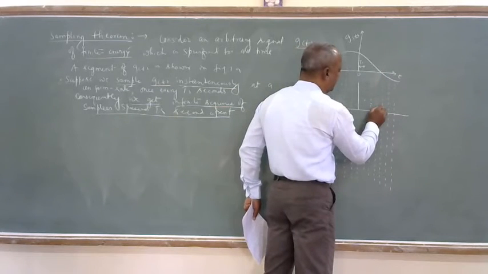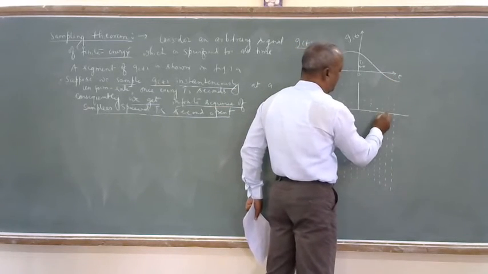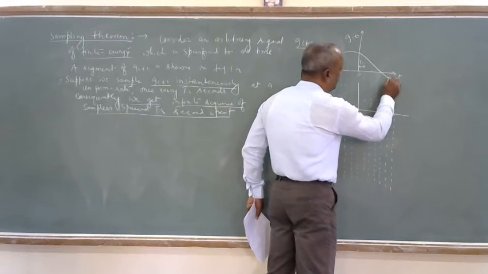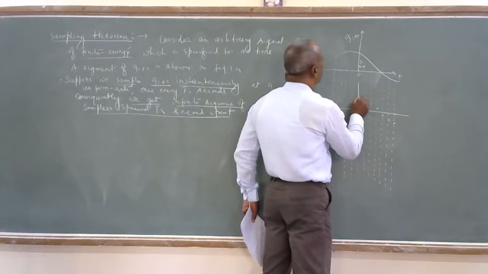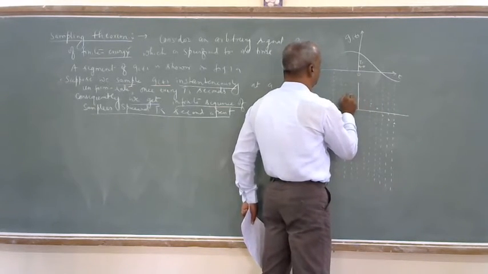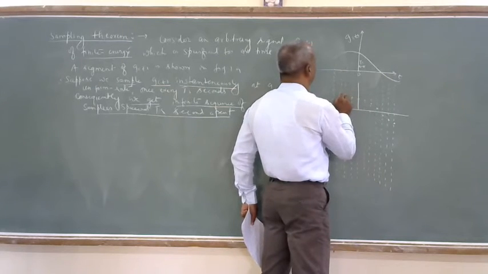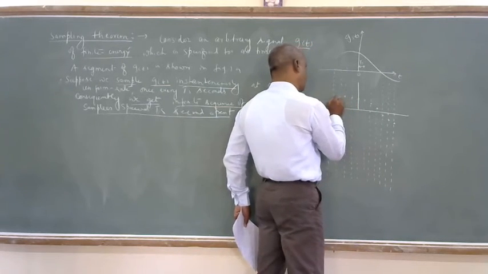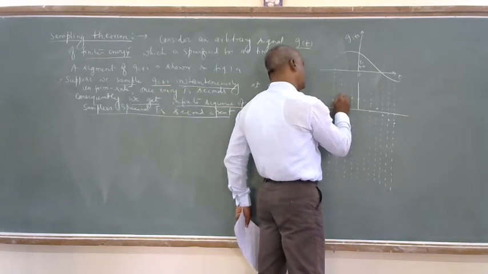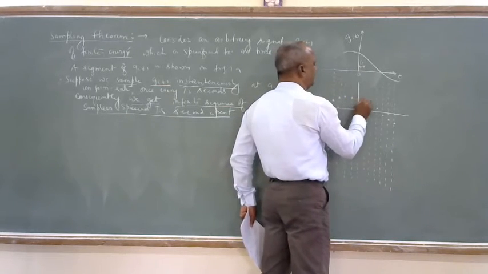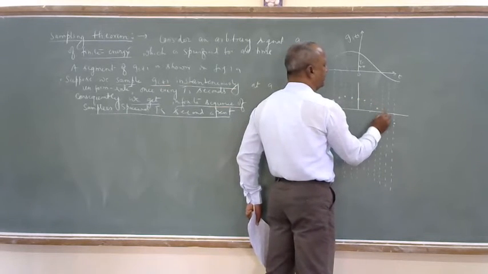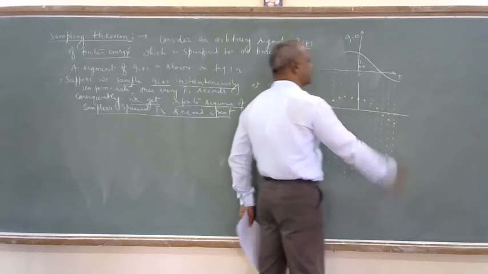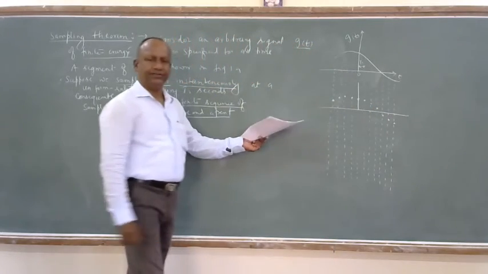So these are the dots I am getting as sample values after doing the sampling of the given signal z of t.